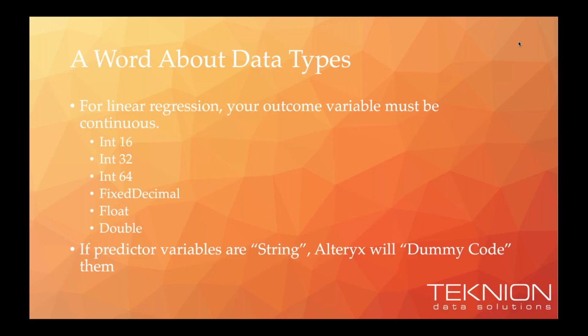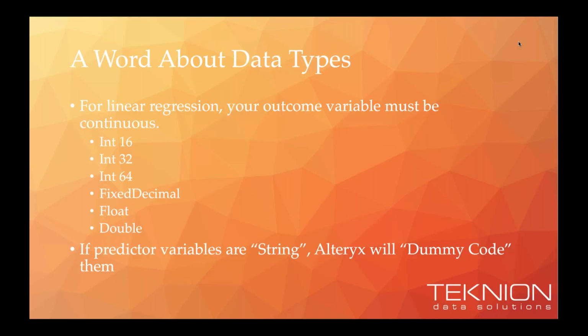Another way to think about this is that in Alteryx, it'll be one of these options: int 16, 32, 64, a fixed decimal, a float, or a double. So we're not looking at strings, or words, or something like that. That would be reserved for maybe logistic regression if there are only two options, but that's more of a decision tree type question.